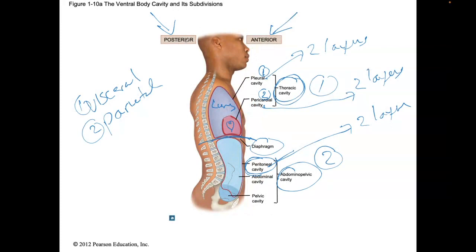On the posterior side, there's this cranial cavity for the brain. And then we have this spinal cavity back here for the spinal cord and for cerebral spinal fluid and everything else that flows back here, the meninges that protect the brain and the meninges that protect the spinal cord. That's in the posterior section.